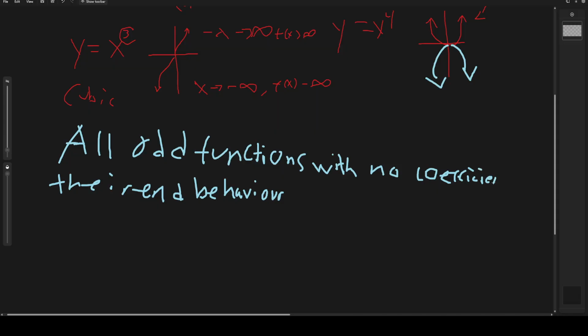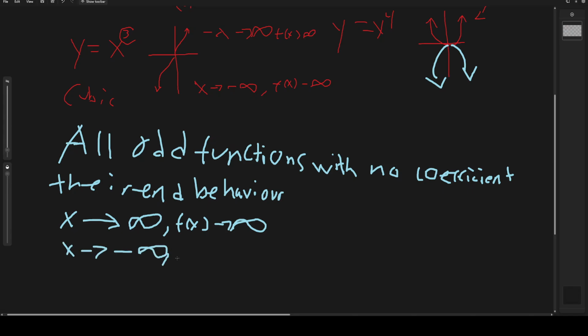So usually their end behavior is going to look like this: as x goes to infinity, f(x) goes to infinity, and as x goes to negative infinity, f(x) goes to negative infinity, right?